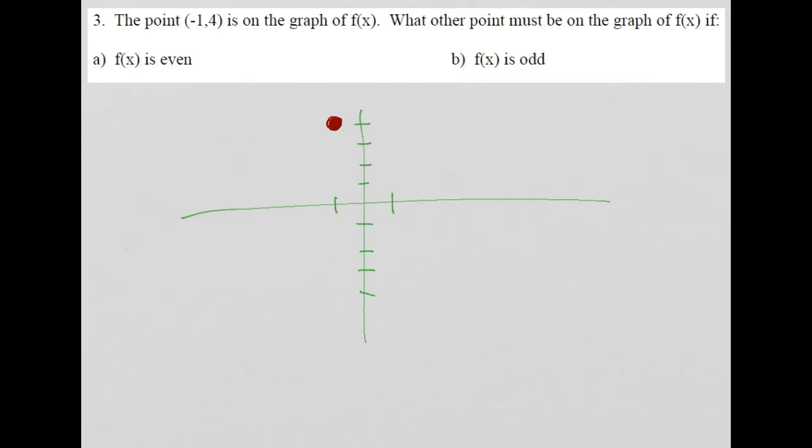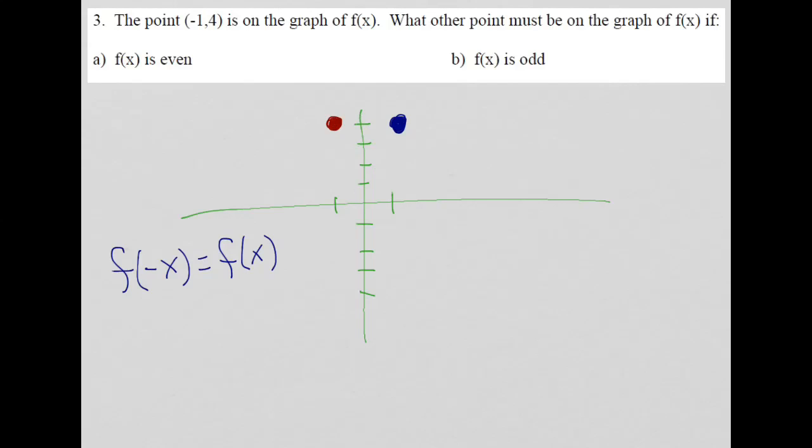And so it wants to know if f of x is even, what other point has to be on this graph? Well, if f of x is even, that means we have perfect symmetry across the line y equals x, so I have to get that point right there. If you remember the test for evenness, that test says f of x is even if f of -x equals f of x.